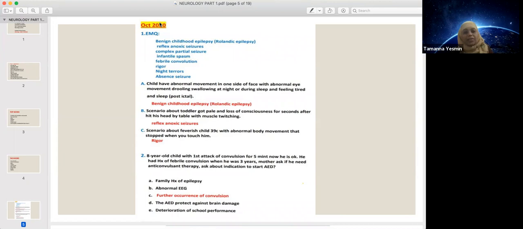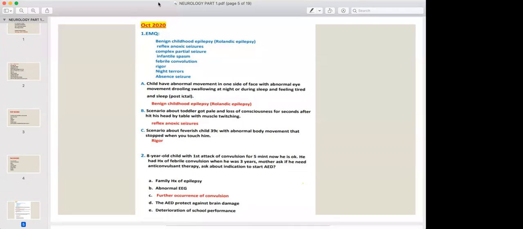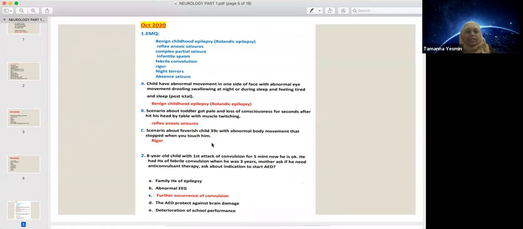There is another kind of movement that occurs in neonates, that is called jitteriness. Okay, jitteriness and rigor, what is the difference? Jitteriness usually occurs in neonates. When this occurs with temperature, we call it rigor, chills and rigor.